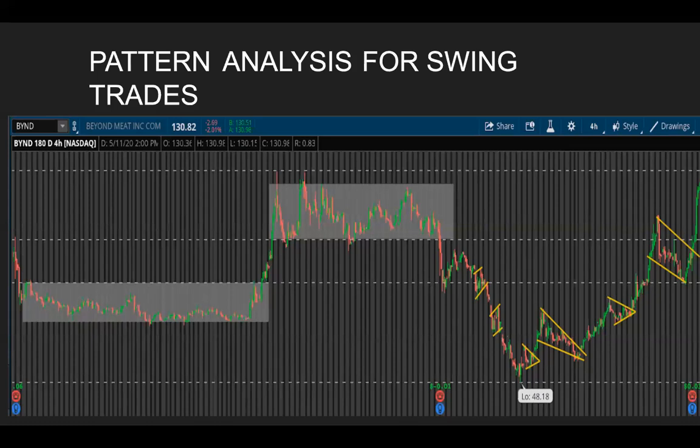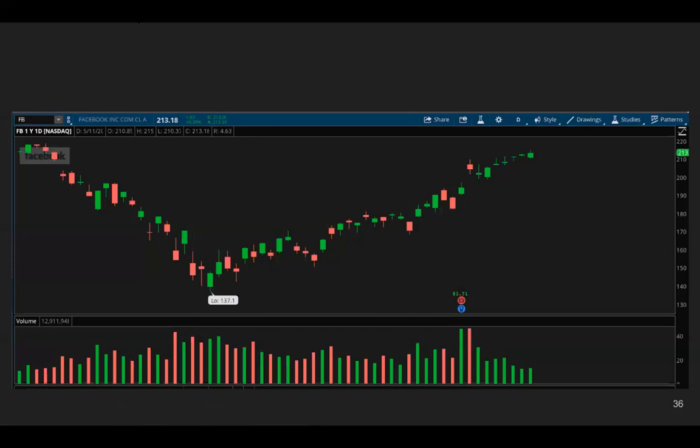And yes, I do use the TTM squeeze. We're not going to go over that today. We'll go over that next week. Now, as a last example, how many patterns do you see here?